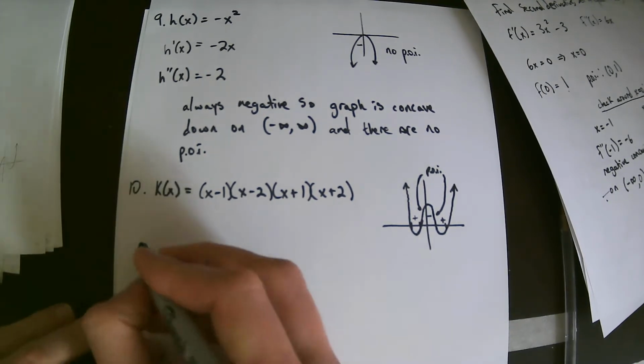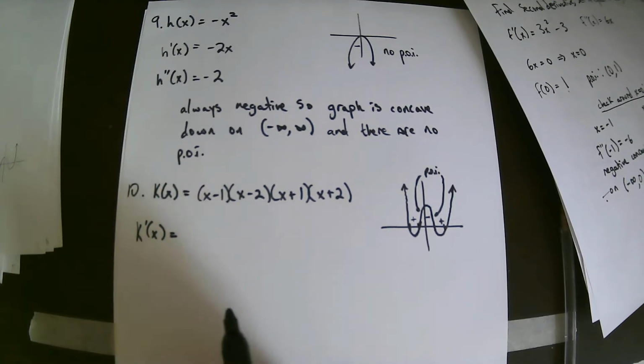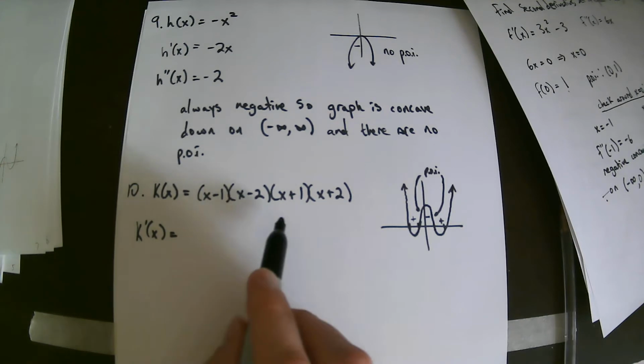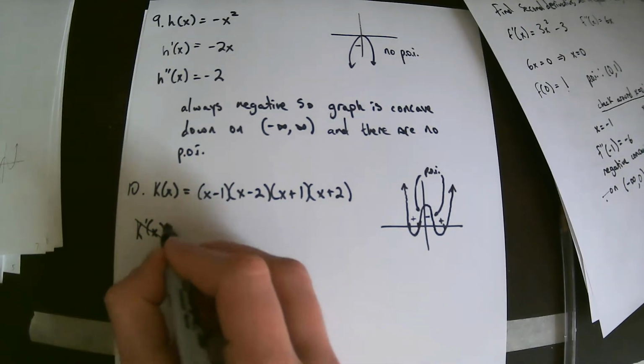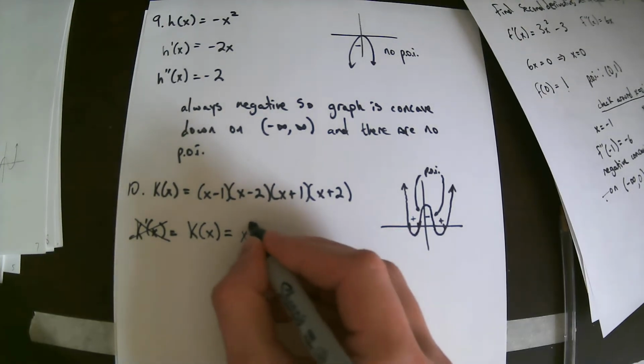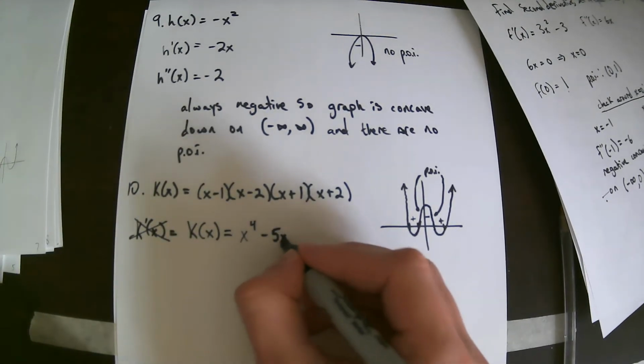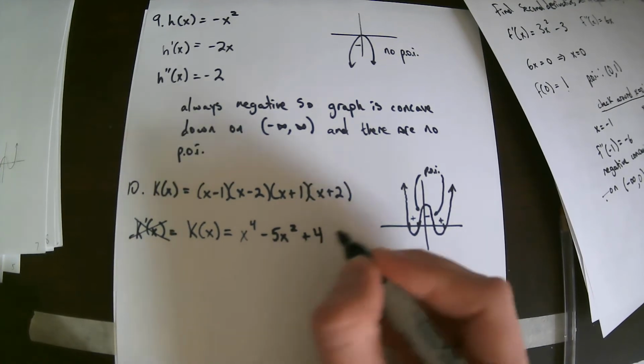Now, finding the first derivative of this, honestly your best bet is going to be to multiply this function out. In fact, let me do that first and get it as a fourth degree polynomial. So x to the fourth, I'll just tell you what it is, minus 5x squared plus 4. Save us all some time.